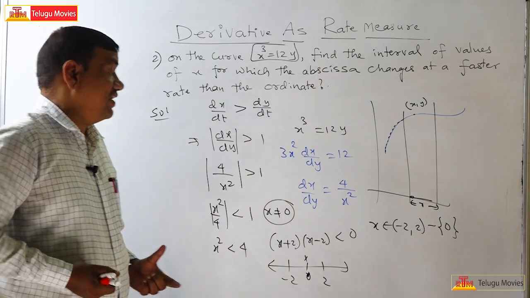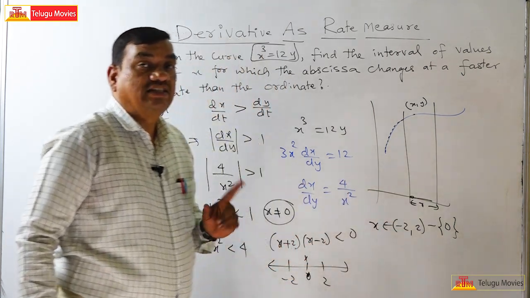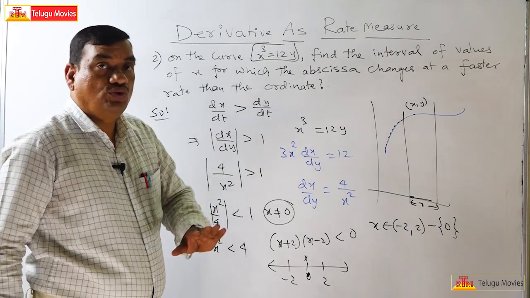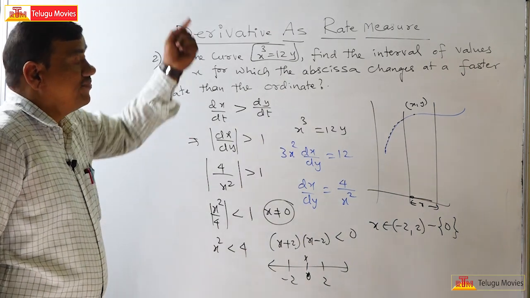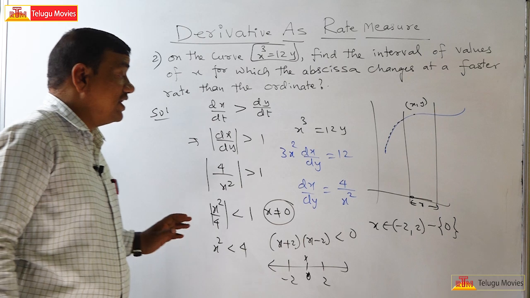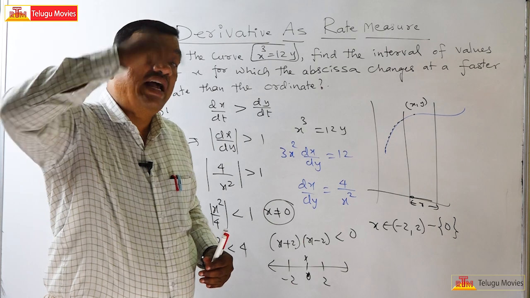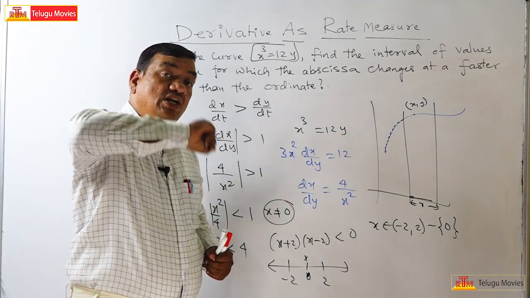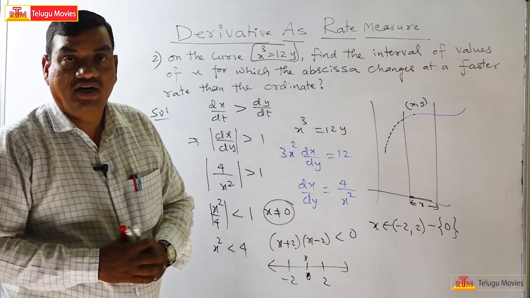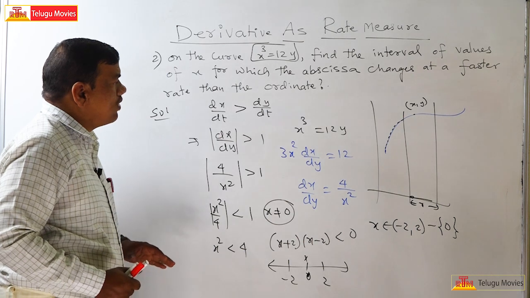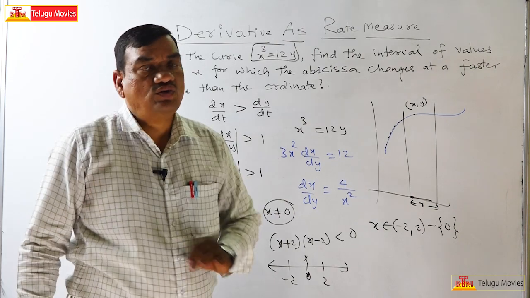In the interval when x is between minus 2 and 2, except 0, the rate of change of x will be faster than the rate of change of y. So this is a very easy problem. This type of problem will be asked in the JEE Mains examination. I hope that you understand this solution.